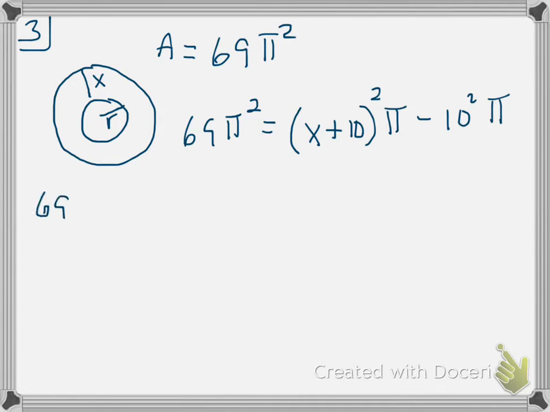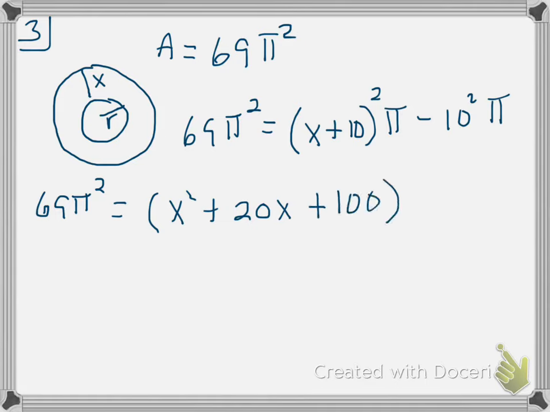So 69 pi squared equals x squared plus 20x plus 100 times pi minus 100 pi.